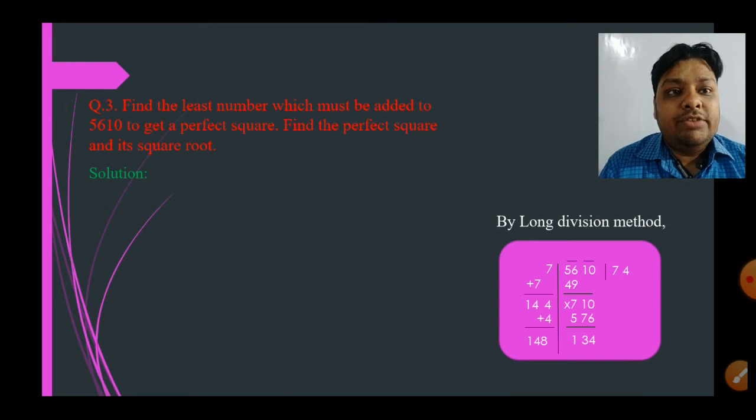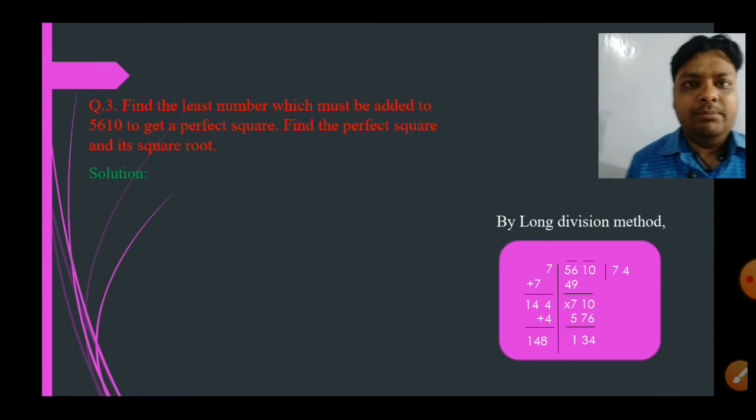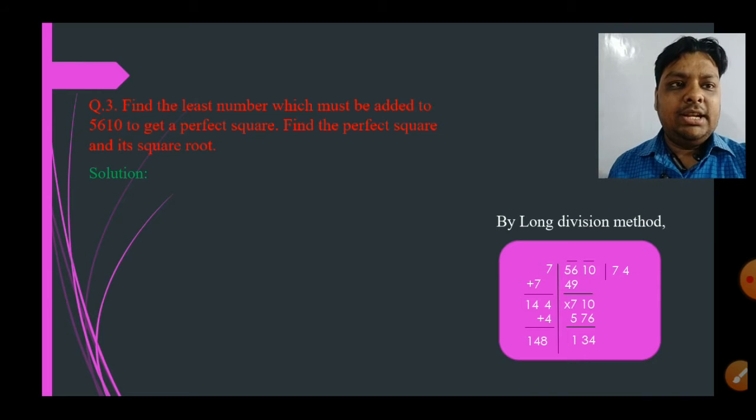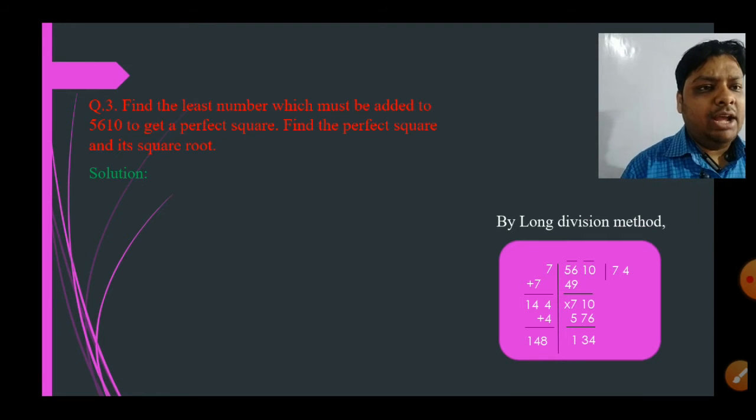Square of which number? 74. Okay, then after 74, if we take one more, 75, it means we can say that if we subtract, then we will get 74 to the whole square, and if we add, then we will get 75 to the whole square. It means this number is lying between 74 square and 75 square.